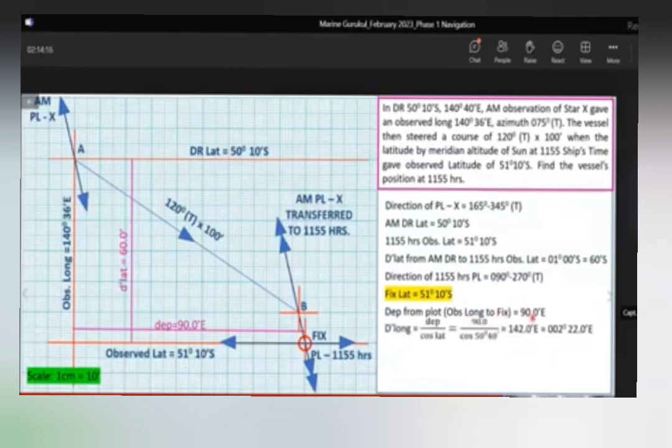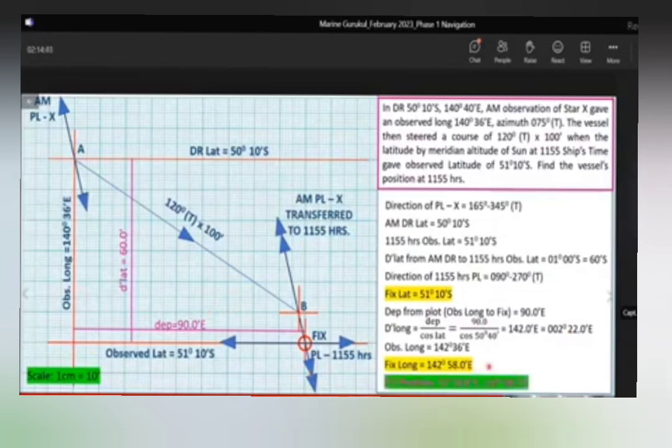We use this latitude to convert this departure into D long. We get a D long of 2 degrees 22 minutes east. We apply this D long to the observed long. Why? Because this departure was from the observed long, so D long shall also be from here. So we apply this D long and we get the fix long as 142 degrees 58 minutes east.